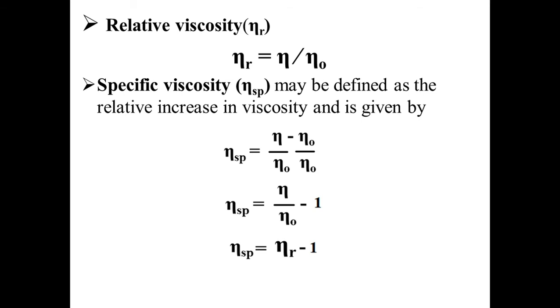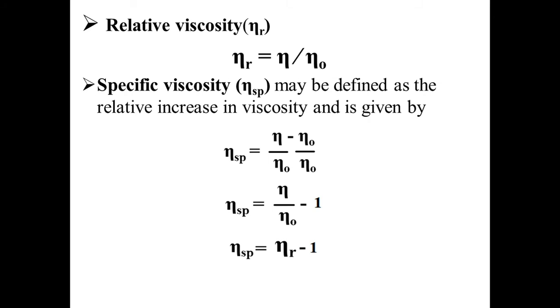Eta means viscosity of polymer solution, eta naught means viscosity of pure solvent. Next we will come to the specific viscosity. What is specific viscosity? It may be defined as the relative increase in viscosity. Eta sp equals eta divided by eta naught minus eta naught divided by eta naught.